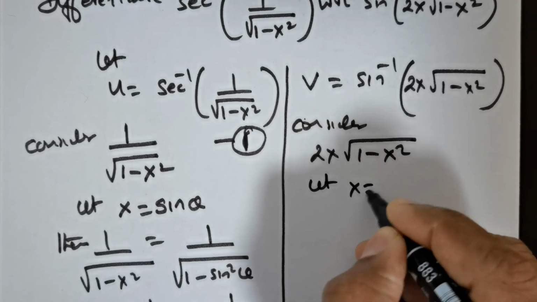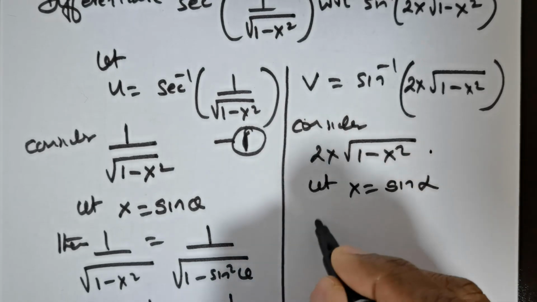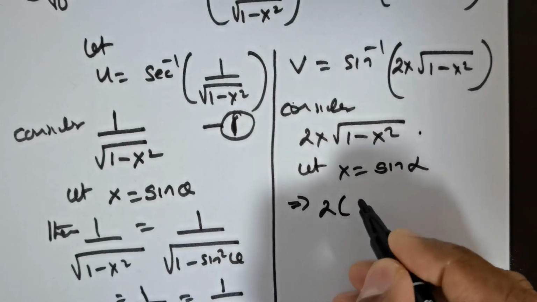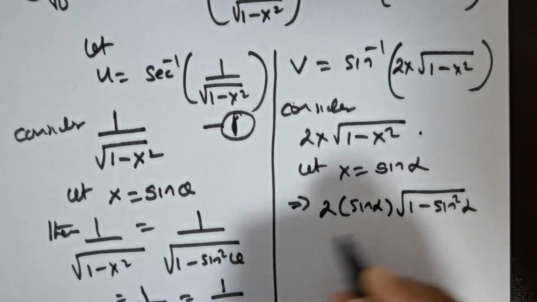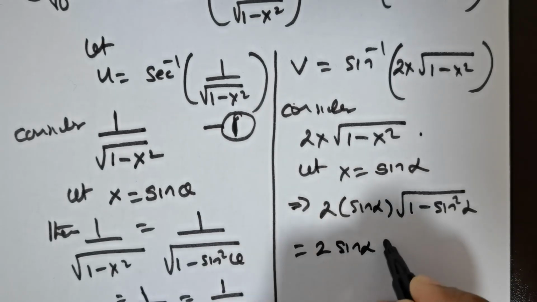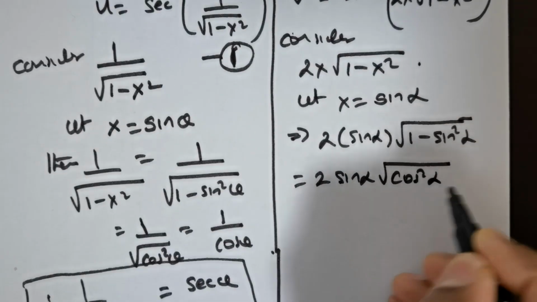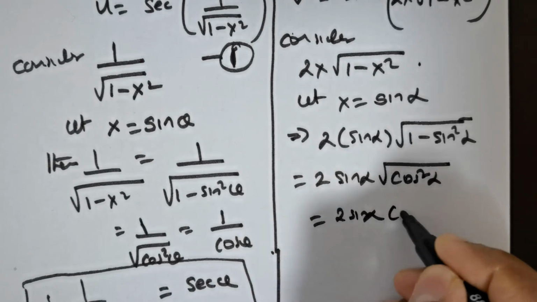Then I will take x is equal to sine alpha. So in place of x I'm going to substitute sine alpha: 2 times sine alpha times the root of 1 negative sine squared alpha. 1 negative sine squared alpha is cos squared alpha, which means 2 times sine alpha, root of cos squared alpha will give me cos alpha.